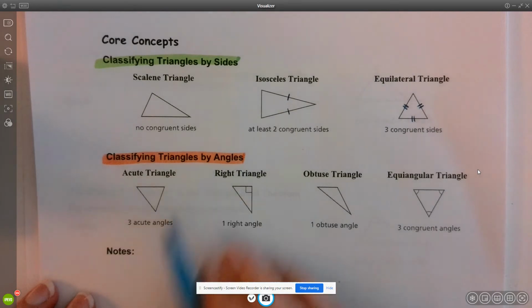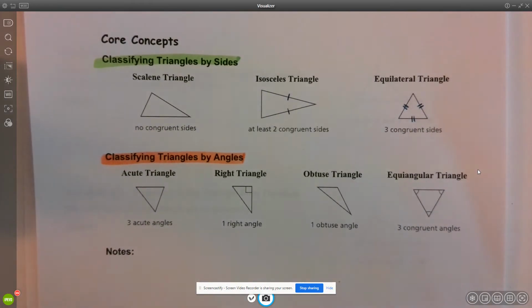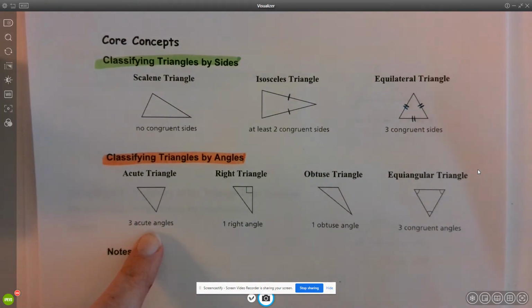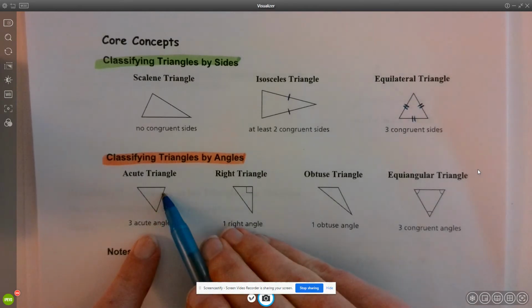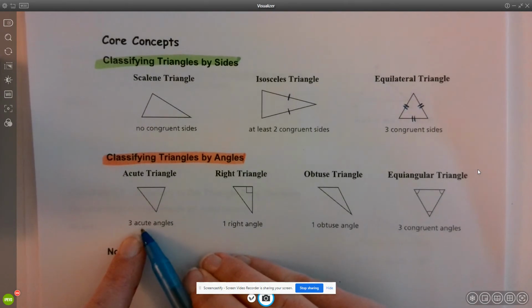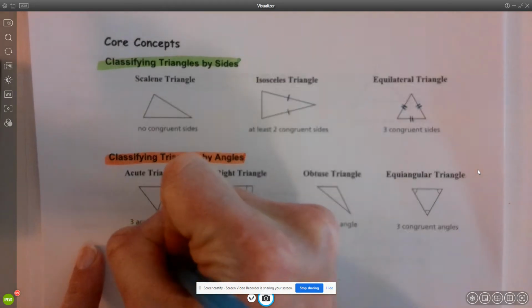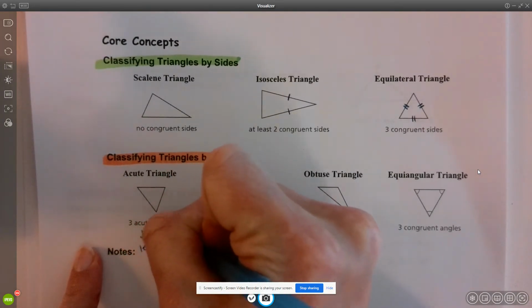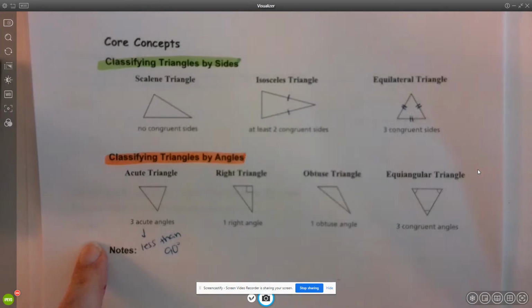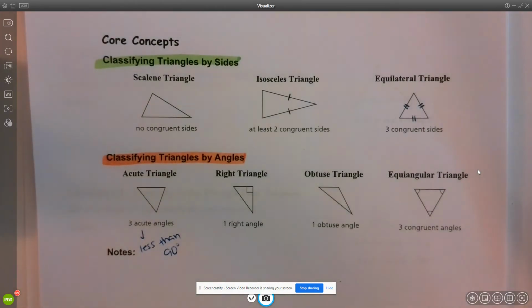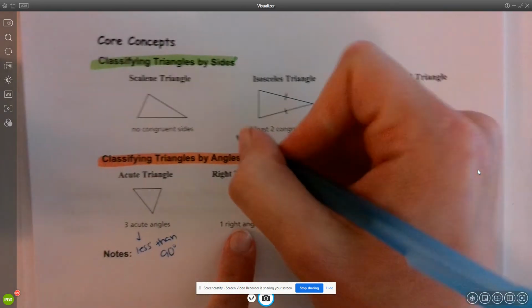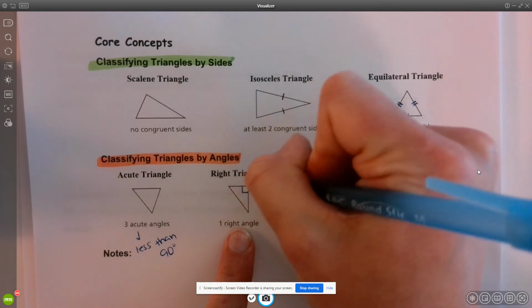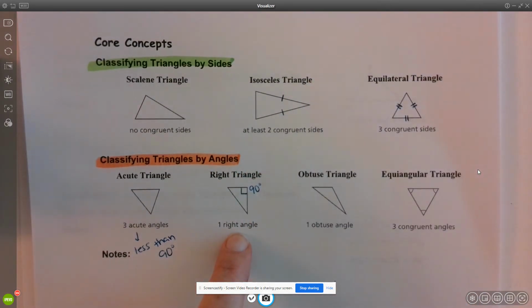We can also classify triangles by their angles. If a triangle has all three of its angles acute, so less than 90 degrees, then this is an acute triangle. If a triangle has one of its angles equal to 90 degrees, we call that a right triangle.